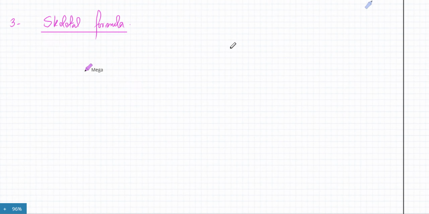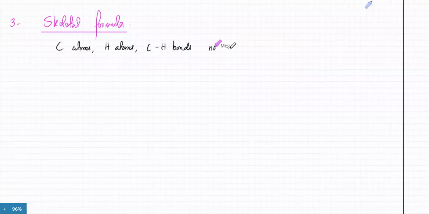You don't show carbon atoms. You don't show hydrogen atoms. You also don't show carbon and hydrogen bonds. They're simply not shown, not drawn. So that's going to save you time.